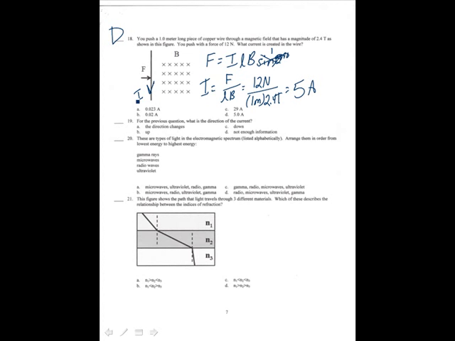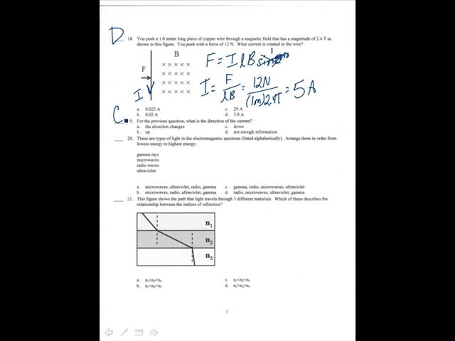Alright, the current has to be going down. So number 19 should be C. Yeah, 19 should be C.